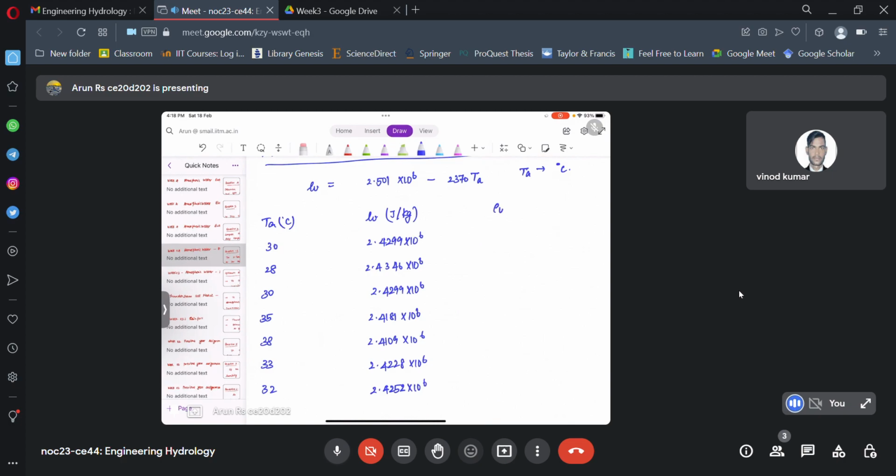And I have also calculated the density of water corresponding to different temperatures.